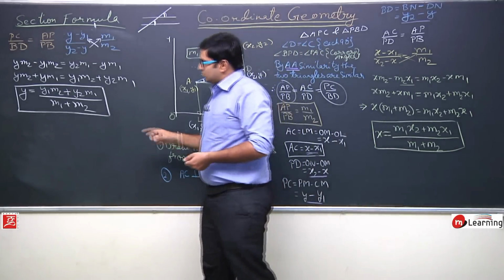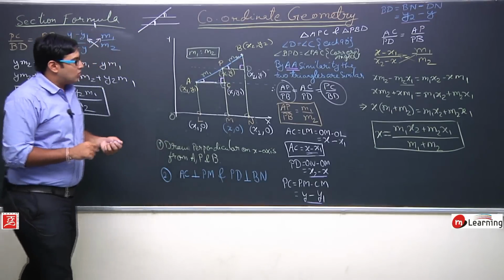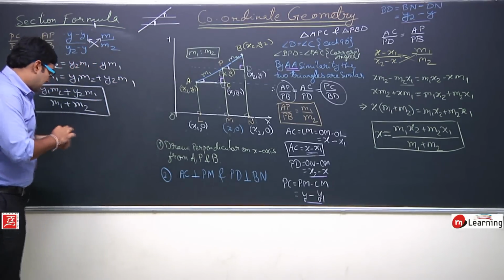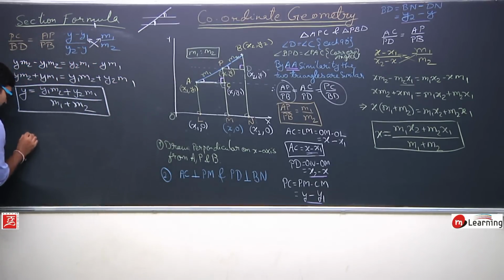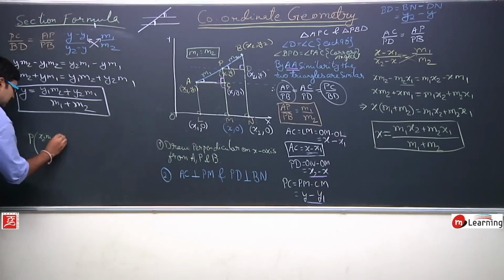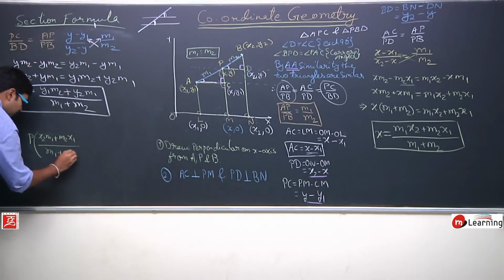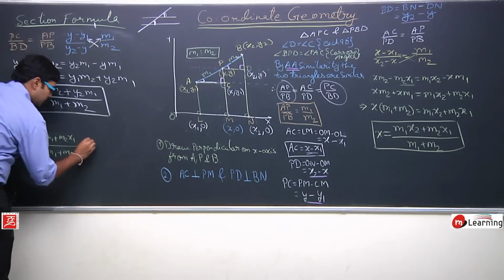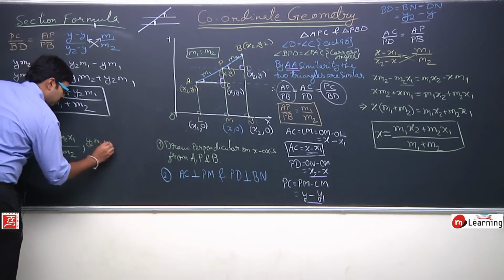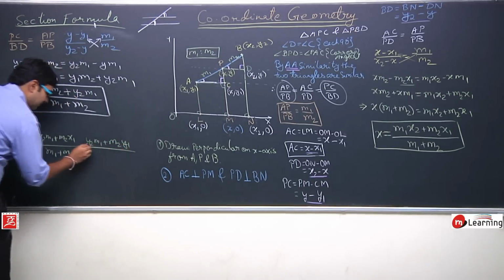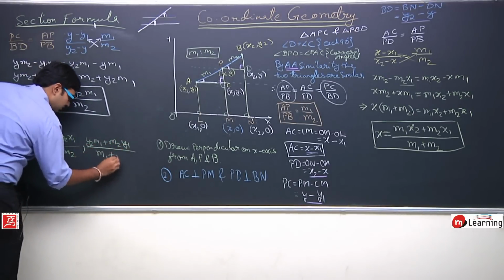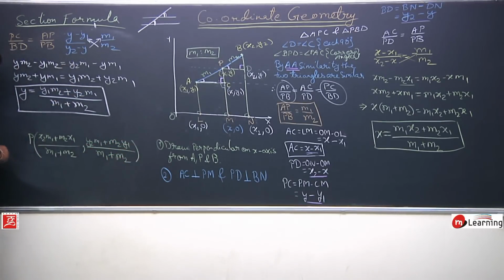Okay. So this is the y coordinate. So what are the coordinates? What is the location of point P? I can say that the location of point P is x2 m1 plus m2 x1 upon m1 plus m2, comma, y2 m1 plus m2 y1 upon m1 plus m2. These are the coordinates and this is the location of point P.